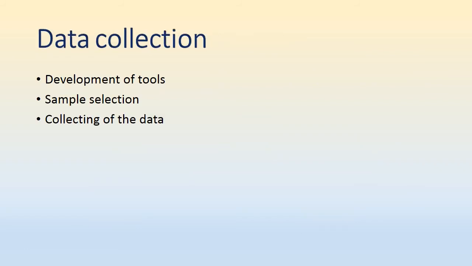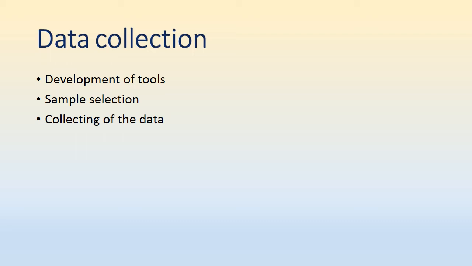Now let us move on to another step, that is data collection. When we have selected our research design, then we will select the data collection method. The data collection method consists of three aspects mainly. One is the development of the tools for data collection.